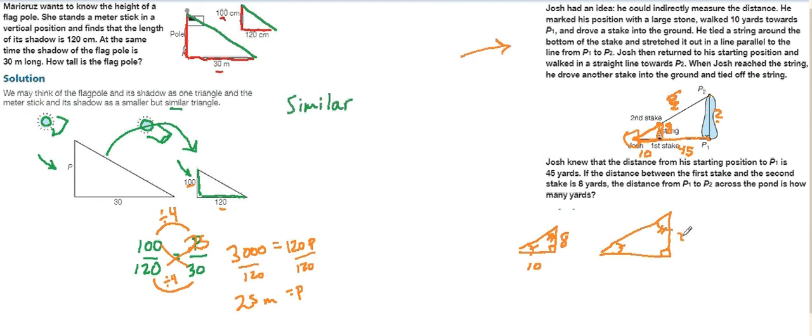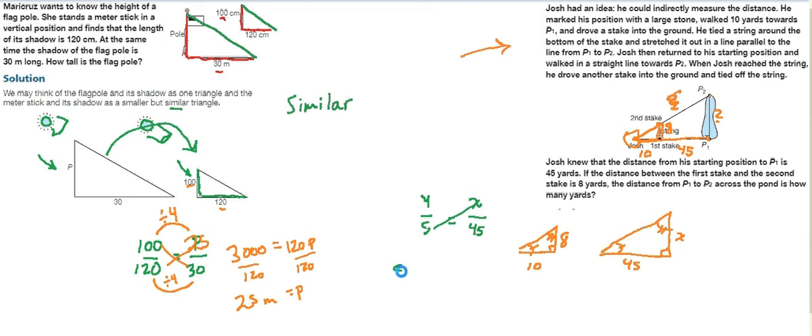We want to know this, and we know that this is 45. Josh to P1 is 45. So how do we set up our proportion? You could do it a couple of ways. Let's try 8 to 10 is x to 45. Same proportion. We could reduce this down too. We could divide both by 2 and use 4/5. I think that's fine. A little easier.